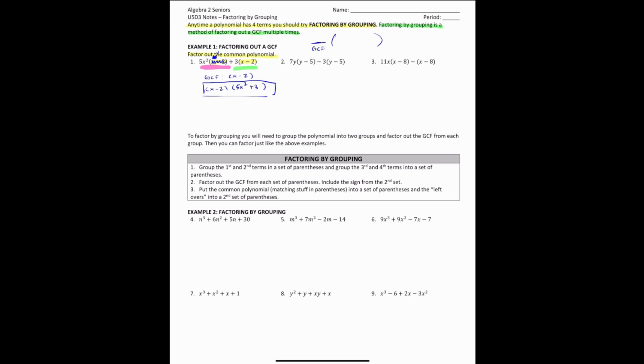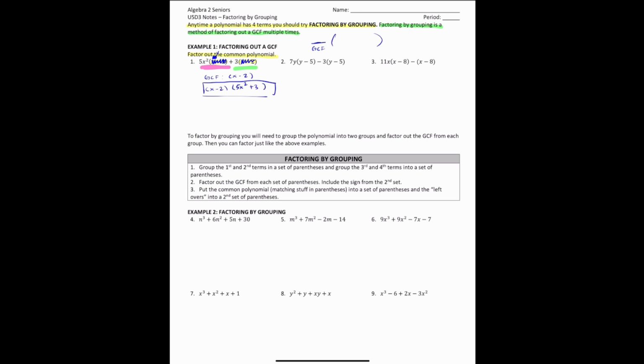All I did was I got rid of the x minus 2 here and also there, and then I put what's left over inside of this parentheses. Okay? Number 2, 7y times the quantity of y minus 5 minus 3 times the quantity of y minus 5.